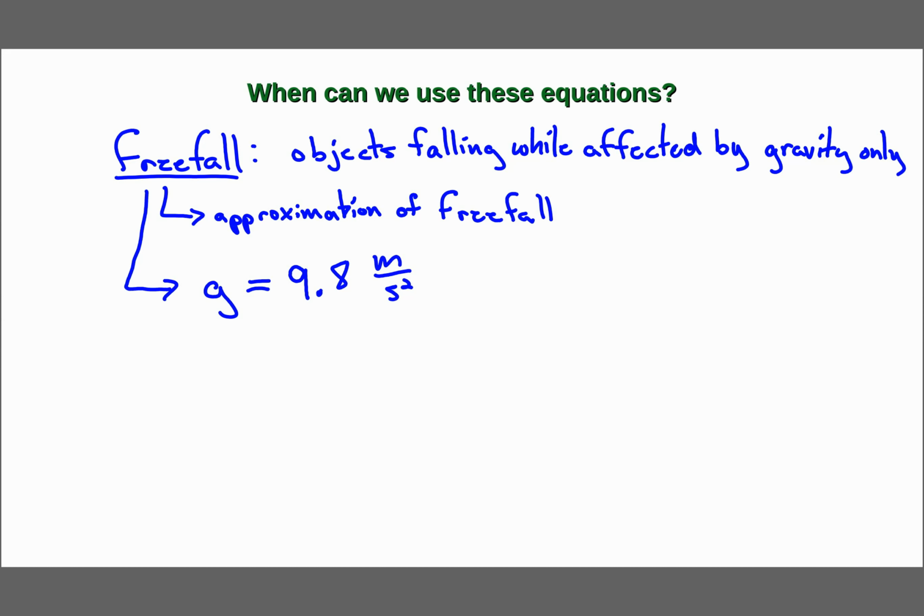However, the acceleration that gravity imparts on an object that's near the Earth's surface, that is constant, and that is little g. So, again, the force of gravity is not constant. That's weight. But the acceleration due to gravity is constant, and that is little g.